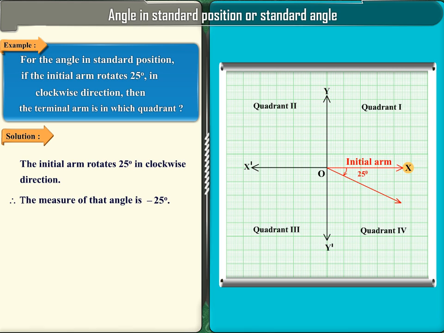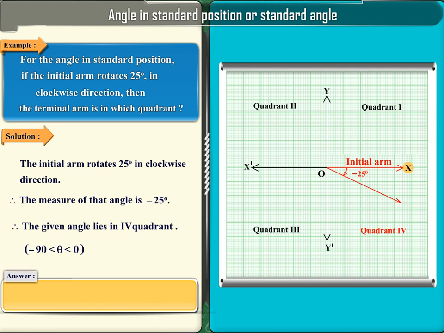Therefore, the measure of that angle is minus 25 degrees. Therefore, the given angle lies in the fourth quadrant. So the answer, the terminal arm lies in the fourth quadrant.